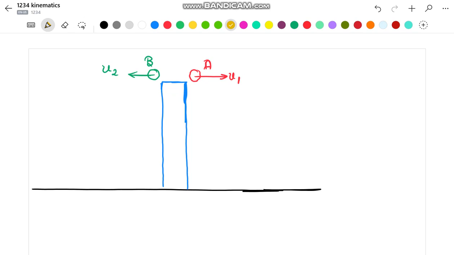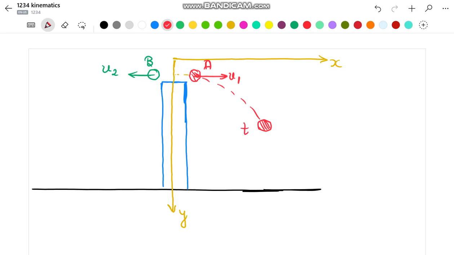Now for the sake of solving this problem, I am assuming the x-axis to be along the horizontal direction, along this direction, and the y-axis along the vertically downward direction. Now during its subsequent motion, for particle A, we can write its velocity at any general time t. Let us assume that at time t, when I observe particle A, it is at this general position shown, where we are going to find its velocity.